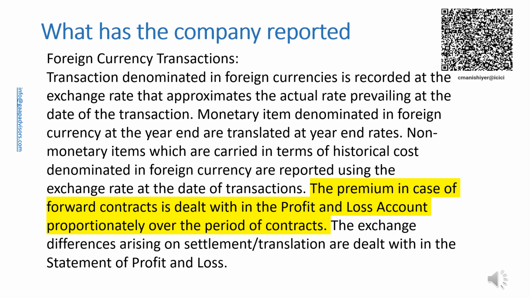We will not be discussing how to identify whether the forward element is transaction related or time period related, as that will divert the objective of this video. The forward element is recognized in other comprehensive income, in short OCI, and reclassified to profit or loss based on whether the forward element is transaction related or time period related.